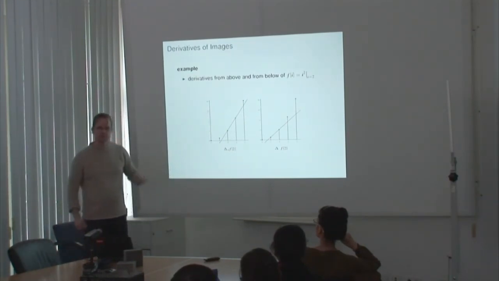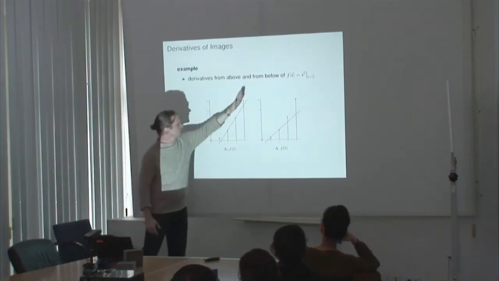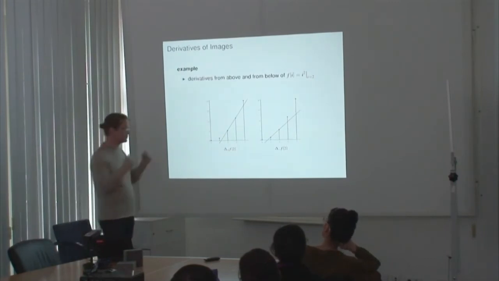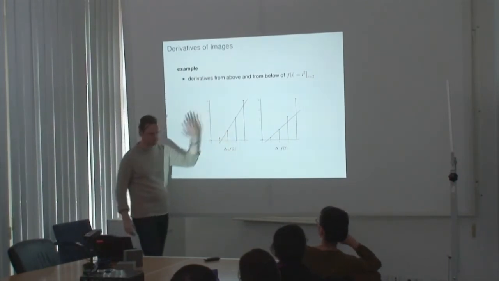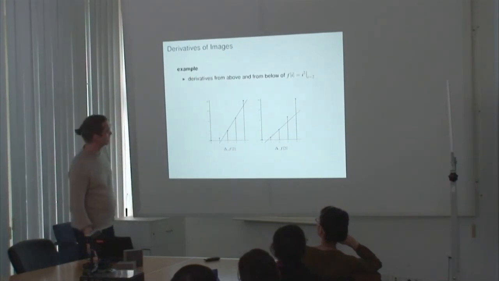When would they be the same? Linear, exactly. So if this was not I square, but say 2 times I, then we would be good, no problem. But in general, we cannot guarantee that they are the same.